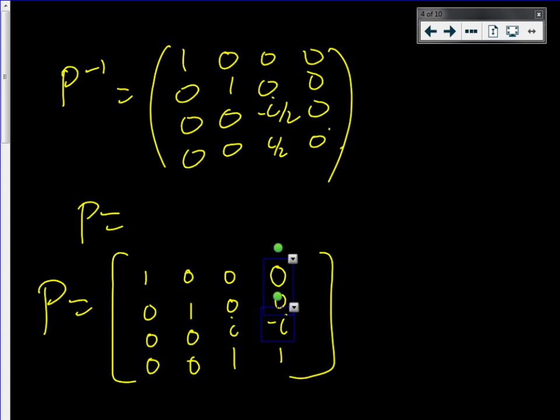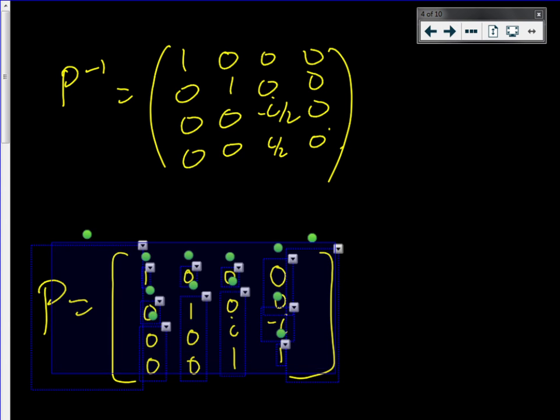And we have P. And D, and I'm going to have to move this up, it turns out.